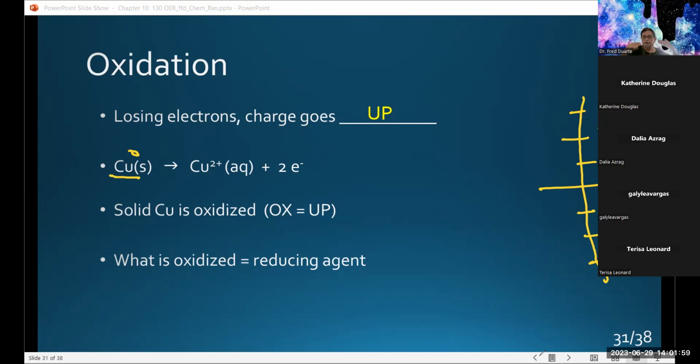Its oxidation number goes up to a +2. Since it is oxidized, it becomes what is called the reducing agent, the agent that produces electrons that another element will utilize. Just like a ticket agent is somebody that produces tickets that you're going to use. So what is oxidized is the reducing agent.